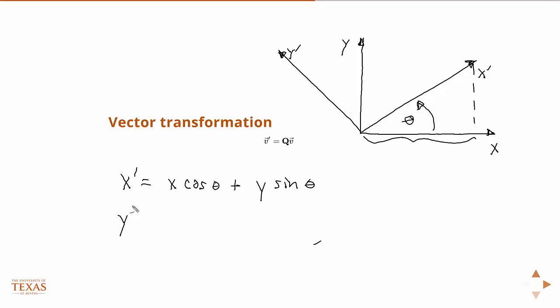And then y prime is what? What's this distance? It's the cosine, but it's in the negative x direction, right? So it'd be minus x cosine theta. I'm sorry, that's the sine, right?